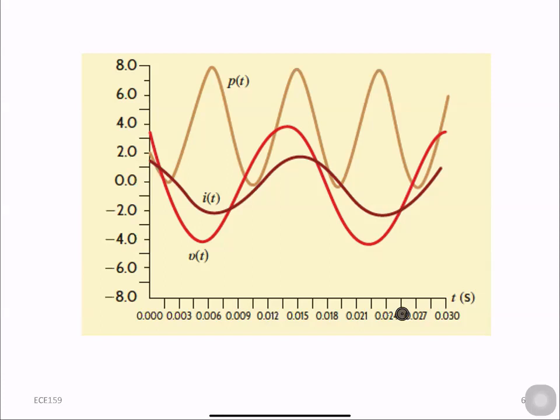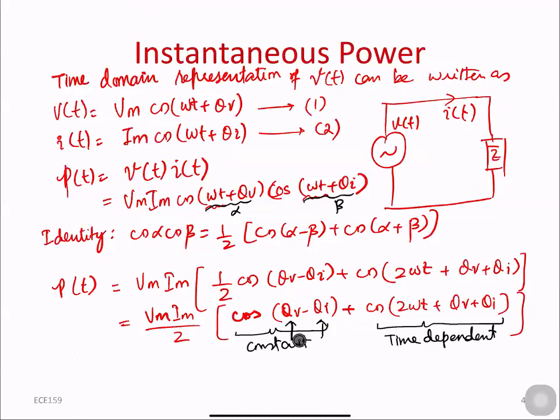So if we have a network which has only a resistive load, going back into this equation, resistive load means that my current and voltage both are in phase, which means that theta V minus theta I is going to be 0. There's no phase difference between current and voltage.